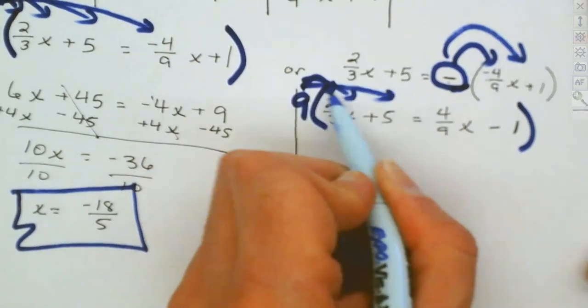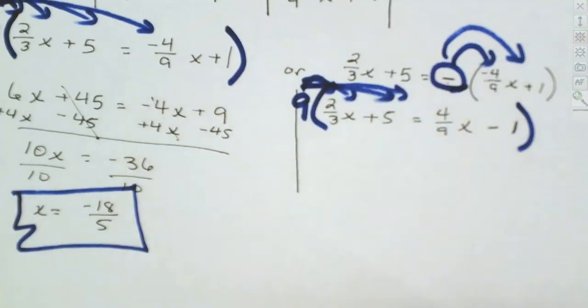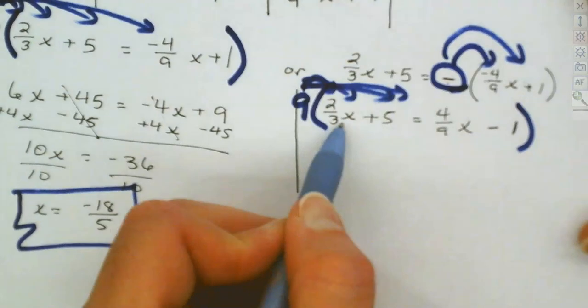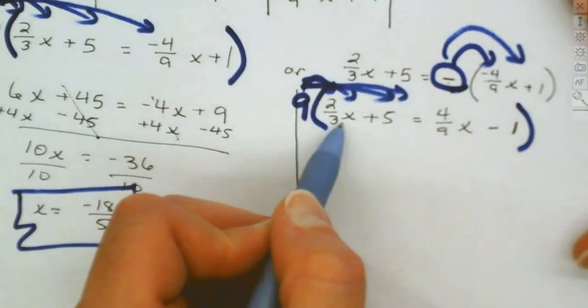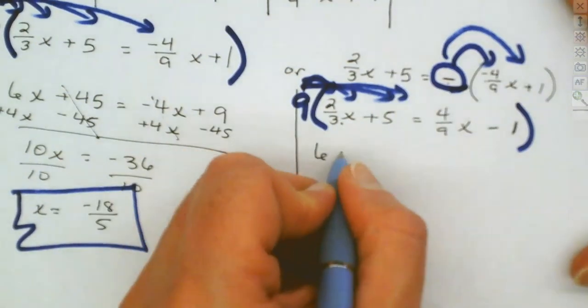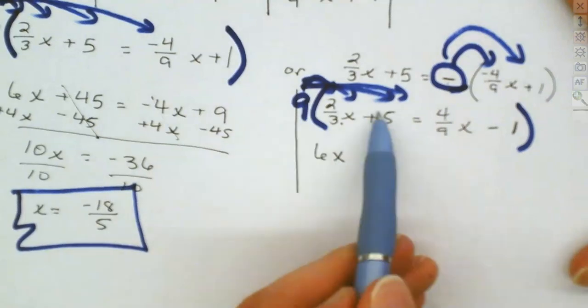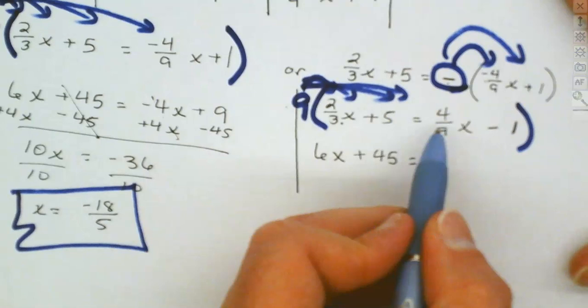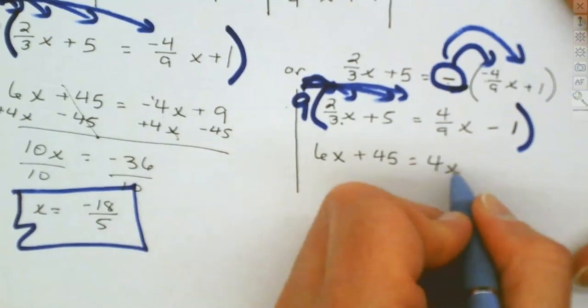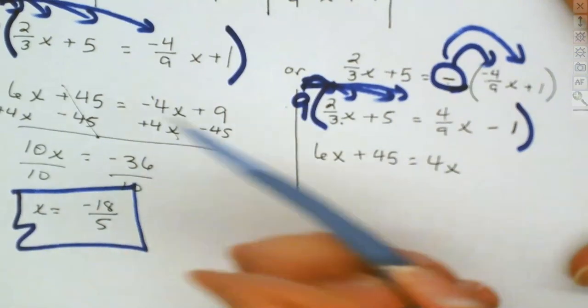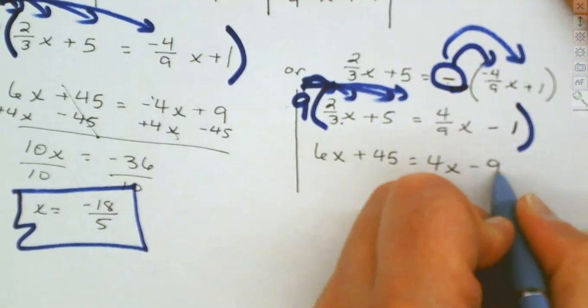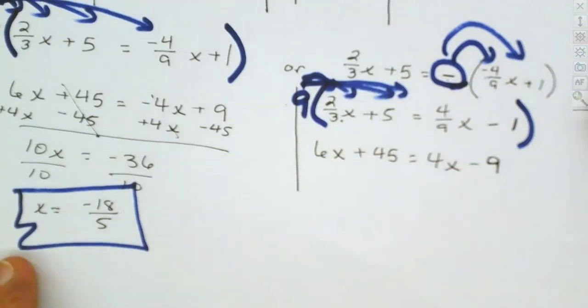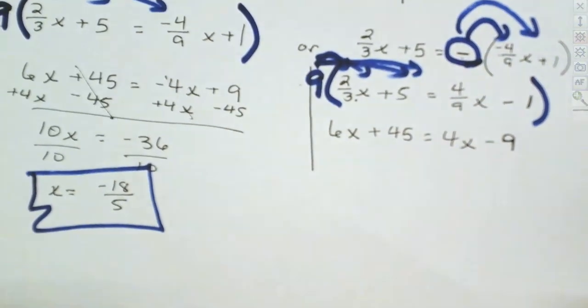Okay, that's going to clear out my fractions. 9 divided by 3 is 3 times 2 makes it a 6x again. 9 times 5 is 45. The 9's cancel. That leaves you with a 4x. And 9 times a negative 1, well, that is a what? Negative 9.